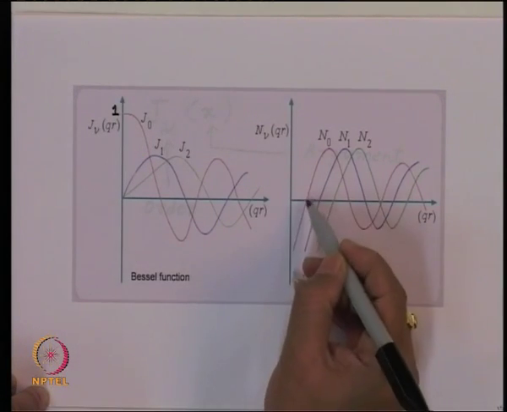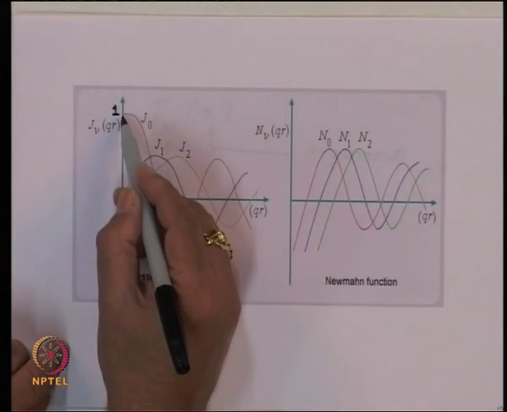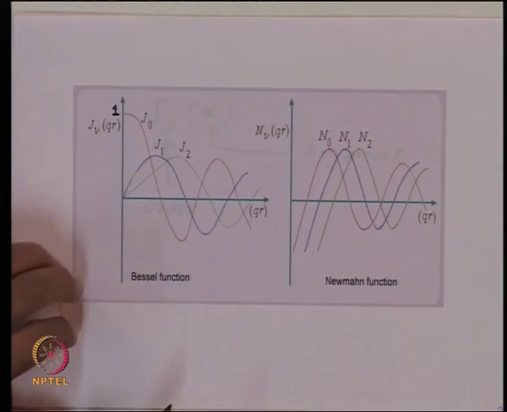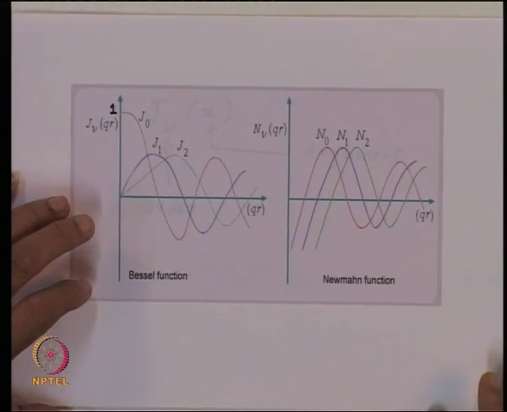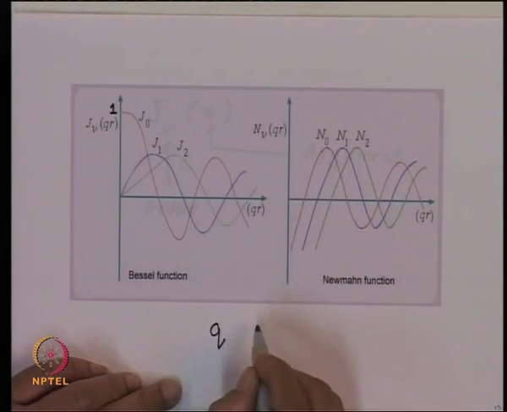So, it says this Neumann function essentially will tend to minus infinity, whereas the Bessel function will either tend to 0 or it will tend to 1. So, one thing is clear: if I take q real, then I get a set of solutions which is the Bessel function and the Neumann function. So, here this quantity q is real.